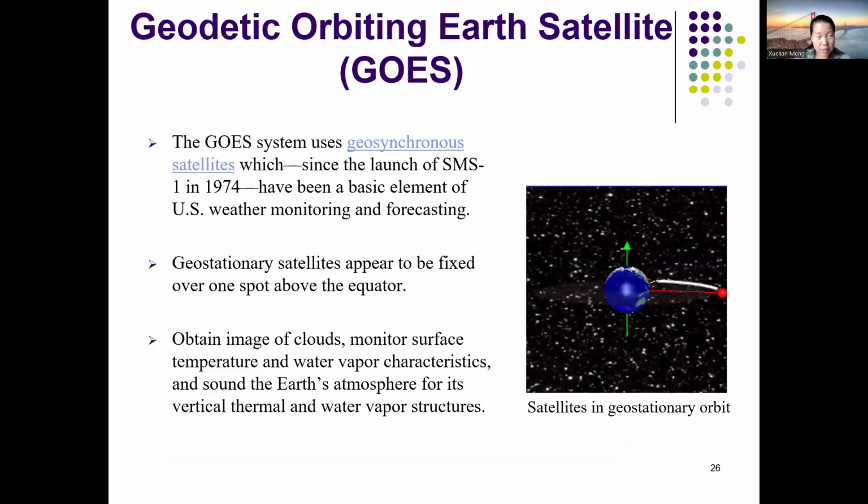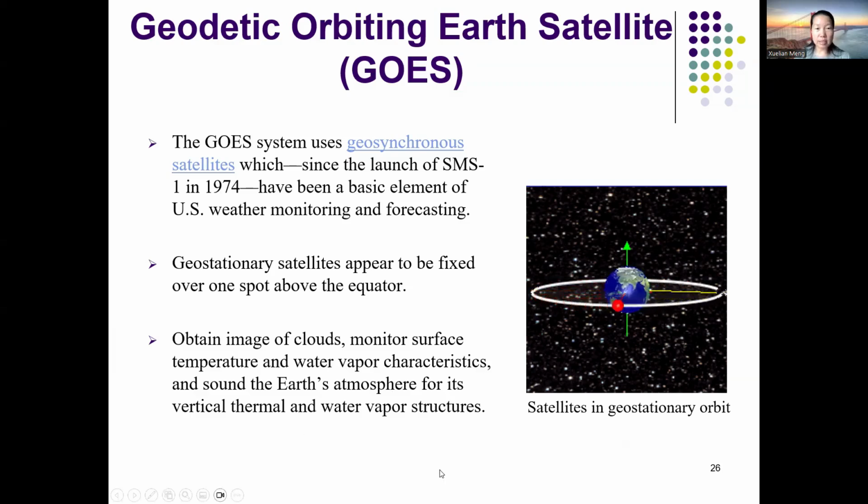Another representative is the Geostationary Operational Environmental Satellite, GOES. So the GOES system uses geosynchronous satellites, which since the launch of the mission in 1974 have been a basic element of US weather monitoring and forecasting. This diagram shows that the satellite basically appears to be fixed over one spot above the equator.